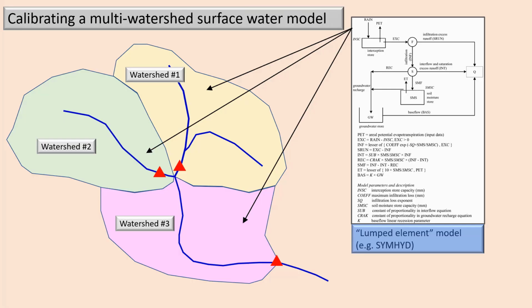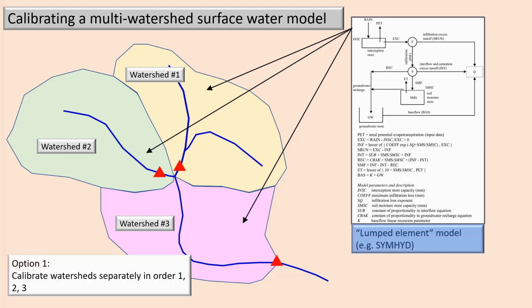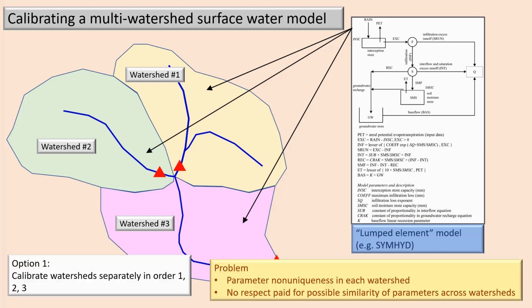For example, if we've got 3 watersheds here, conventional wisdom says calibrate them sequentially, starting from the top and working down. The trouble with that is that it doesn't make use of information that's available to reduce the uncertainties of parameters that are estimated through the history matching process.